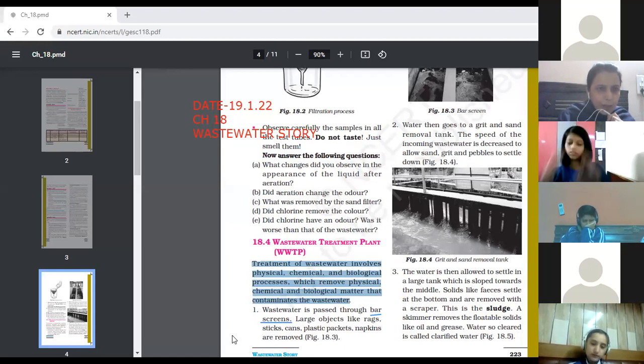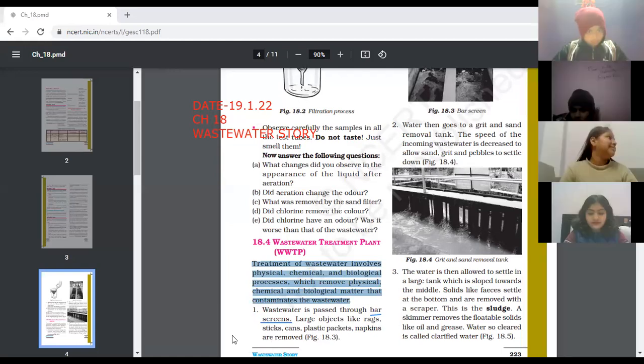So the first point, I think, is clear to you. This is a bar screen. Through the bar screen, what is cleaned out? Large objects like rags, sticks, cans, plastic bottles, etc. are removed.